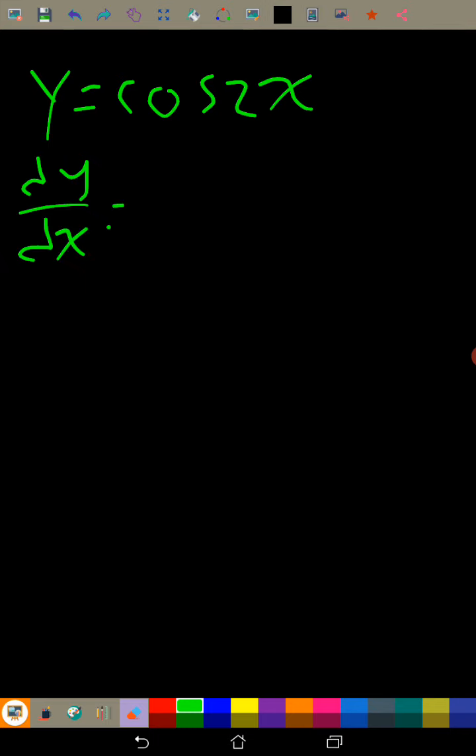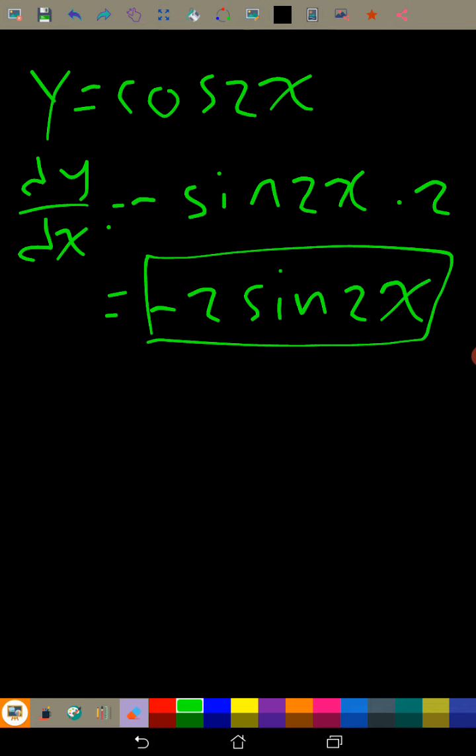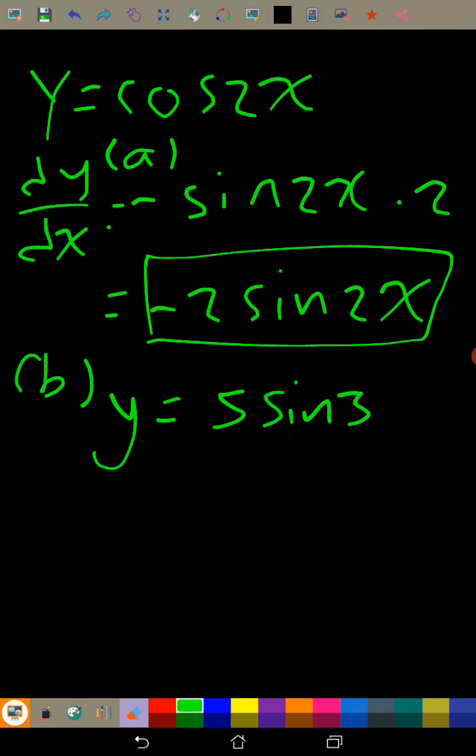And so now let's do some examples. If you have y is equal to cos 2x, dy by dx is going to be what? It's going to be minus sine 2x times 2, which is equal to minus 2 sine 2x. This is A, this is B now. For B, you have y is equal to 5 sine 3x squared.